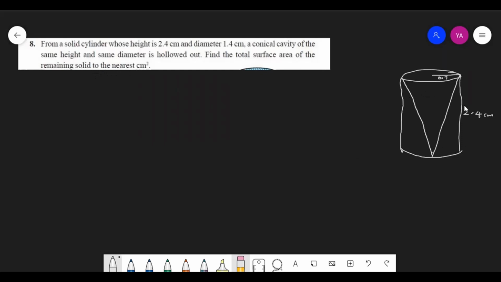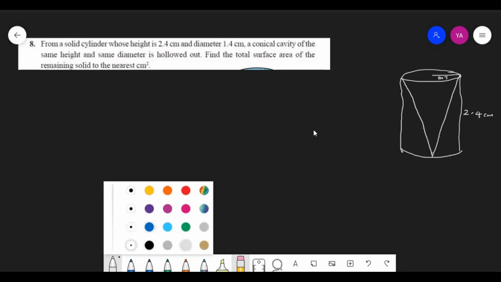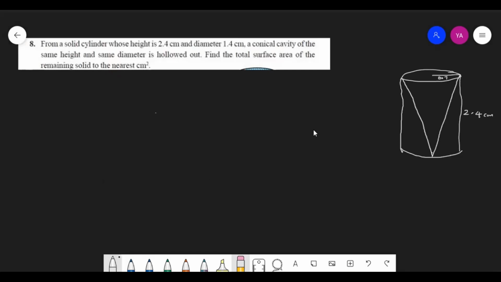We want to find the total surface area of the remaining solid. So we want to make a relation: which areas we need to find to get the result. Sometimes something may need to be subtracted, sometimes added. How can we write it? CSA of cylinder minus... no, not volume, just surface area.